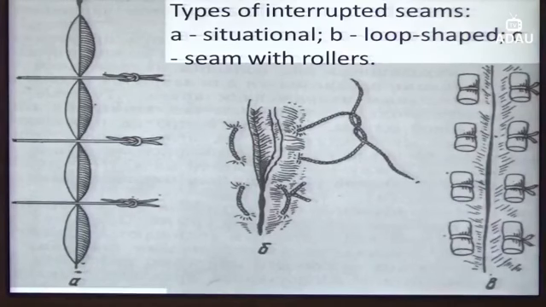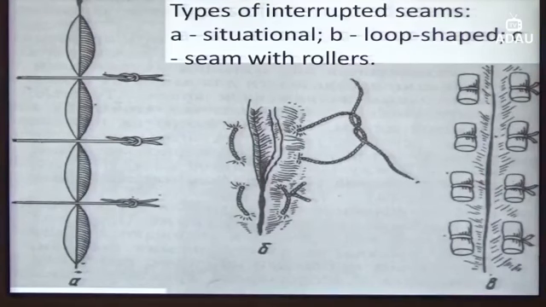And about seams. An operation in surgery has 2 types, interrupted seams or continuous seam. Types of seams: the first situational, the second loop-shaped, and the third seam with rollers.